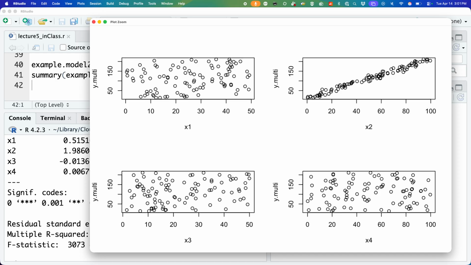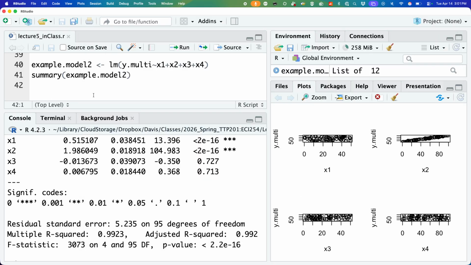Okay, I'm gonna do this on the fly here. So I'm gonna call this y minus x2.